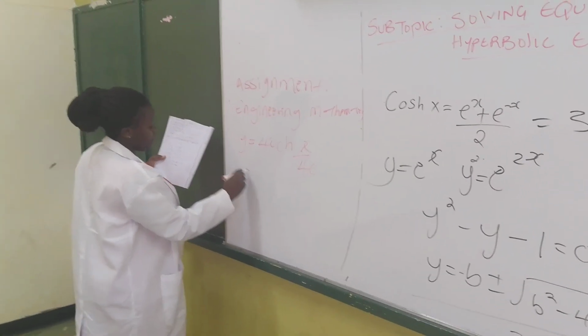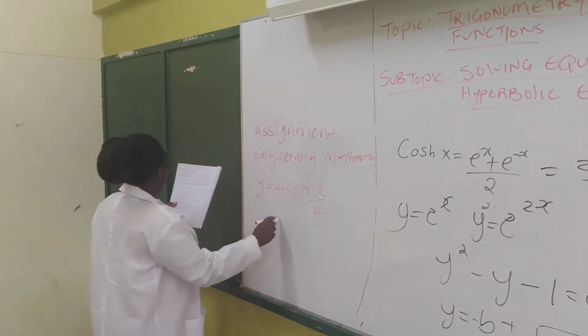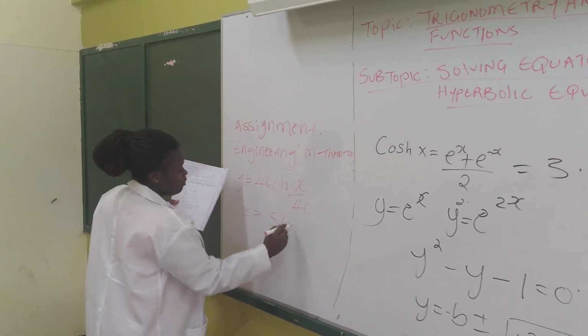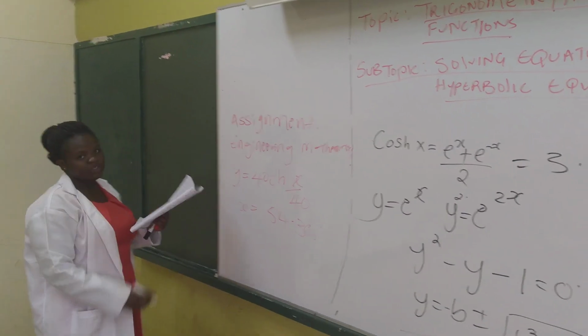So we find the value of x when y is equal to 54.30. That is where we are going to start.